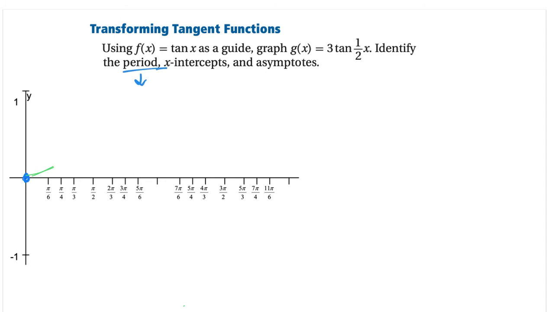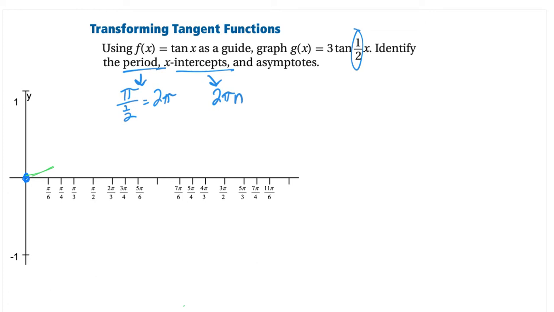In this graph, the period is going to be pi over 1/2, or pi divided by b, coming from right there. And that's going to be the same as 2 pi. The x-intercepts are going to happen at every 2 pi, or 2 pi n. And that's because tangent has an x-intercept at the origin.